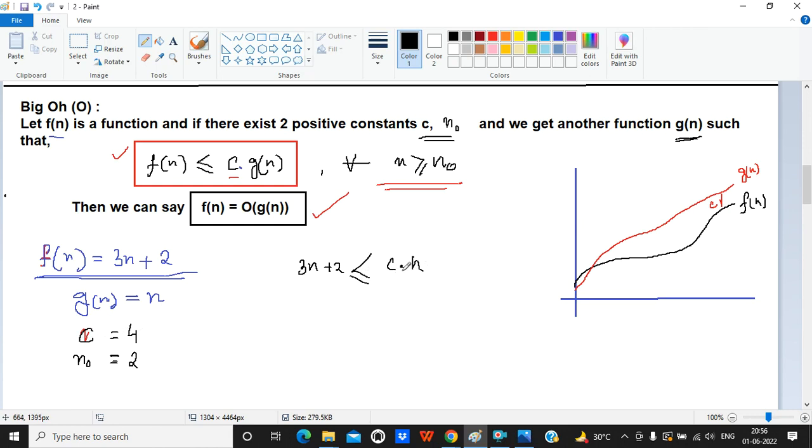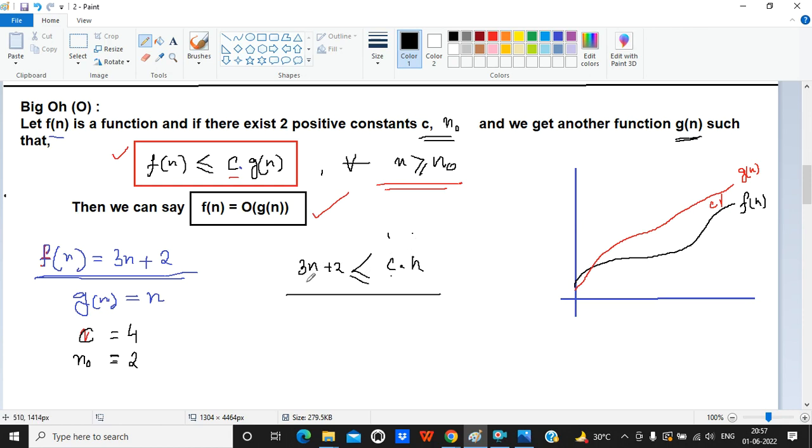You just put values roughly. Say if you put c equal to 1 and n equal to 1, so 1 into 1 means only 1. On the left hand side, 3 into 1 plus 2 means 5, which will not be less than or equal to 1. So that is not possible.